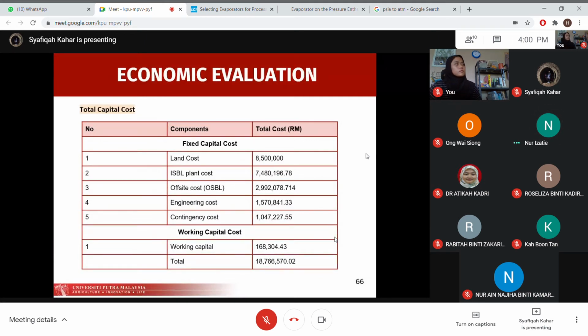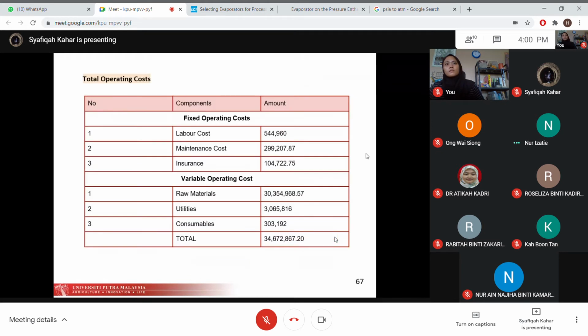Next, for the total operating cost, there are fixed operating costs and variable operating costs. The total operating cost is 34,672,867 ringgit and 20 cents.